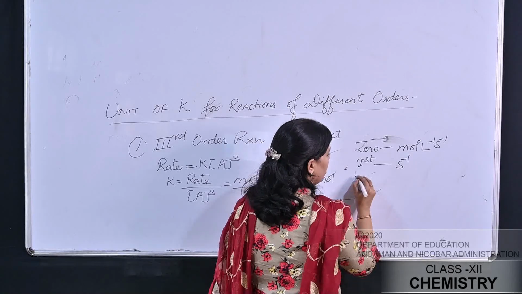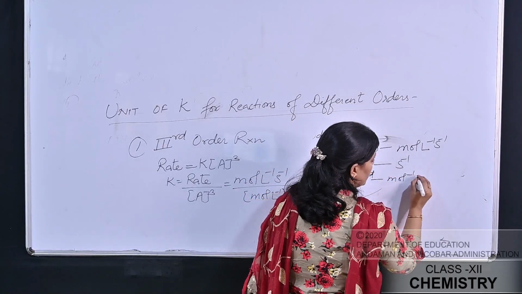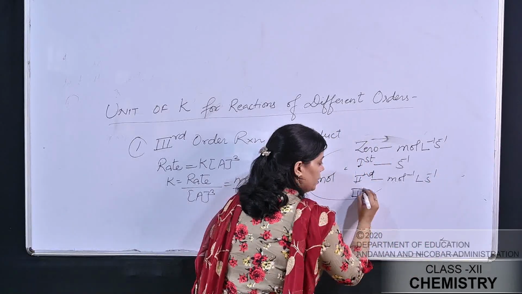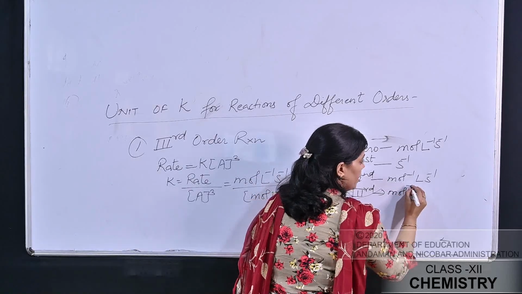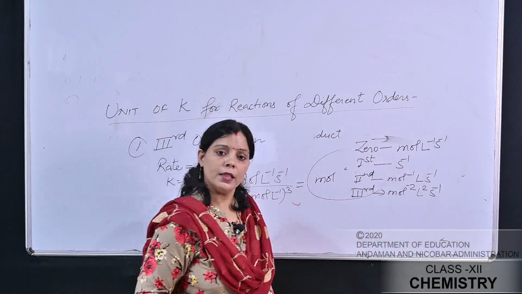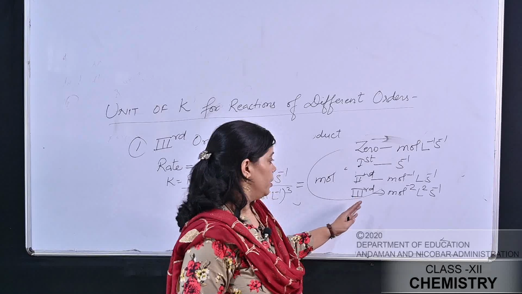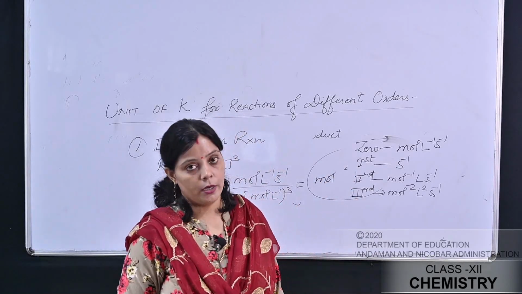For a second order reaction, it is mole inverse liter second inverse. For a third order reaction, it is mole inverse to L square and second inverse. In this way we are able to calculate the unit of rate constant for reactions of different orders.